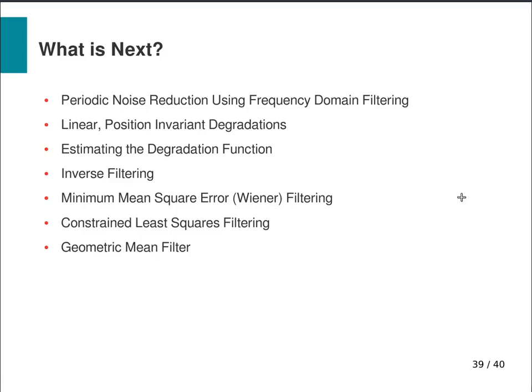Then I will talk a little bit about linear position invariant degradation, how to estimate the degradation function, and then different methods to restore an image that is affected by linear position invariant degradation. We will take a look at inverse filtering, minimum mean square error filtering, more well known as Wiener filtering, constrained least square filtering, and finally geometric mean filters.